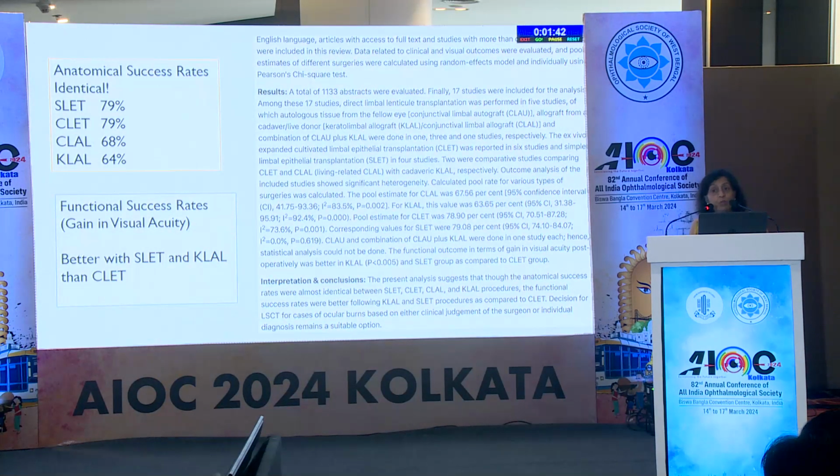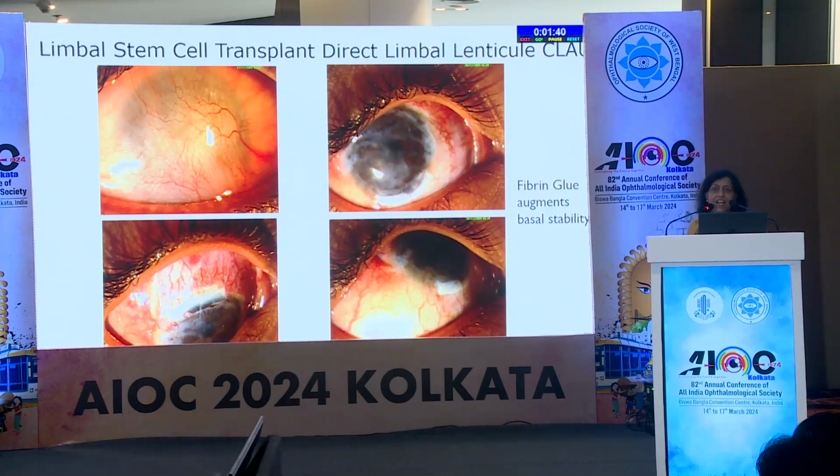But here again, there could be variations in case selection. So that is something you have to remember when you do a systematic review like this, particularly when there was no standardized RCT. And here, giving you an example of a direct limbal lenticule, which is applied. And as you can understand, it will take time for this lenticule to expand. And initially, the criticism of this was that you would have to use a larger, as Abhijit also said, take a larger piece.